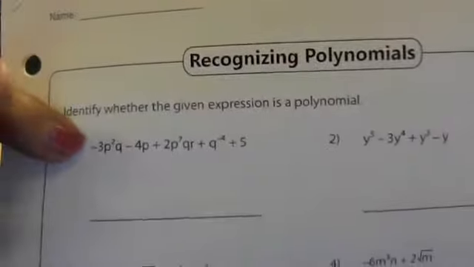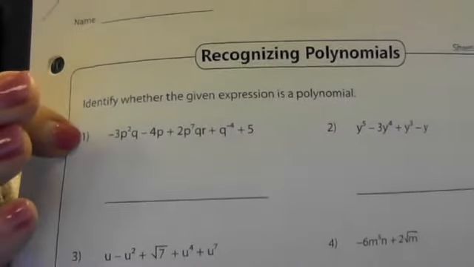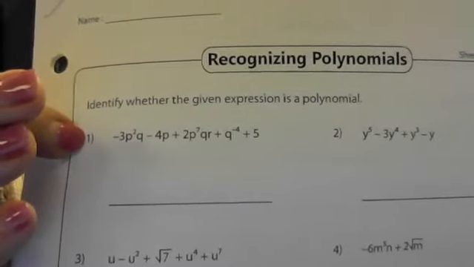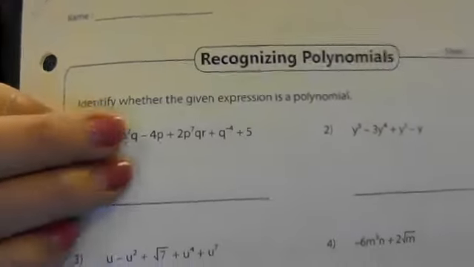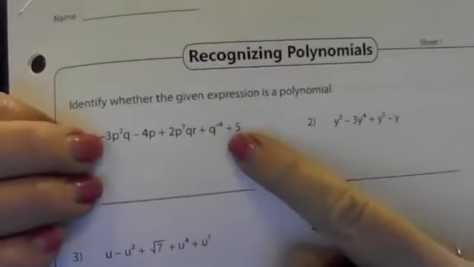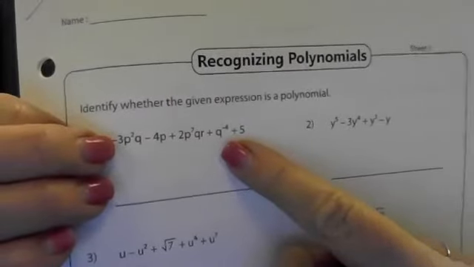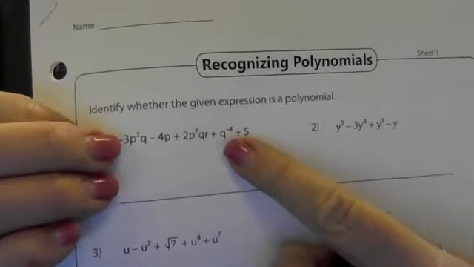We're going to decide whether this is, yes, a polynomial or not. Number 1. What do y'all think? No. Why? Because it's got the -4. The negative exponent, -4. A negative exponent makes it not a polynomial.